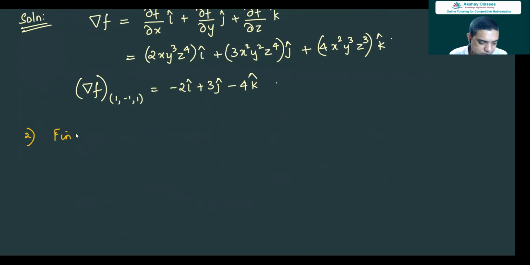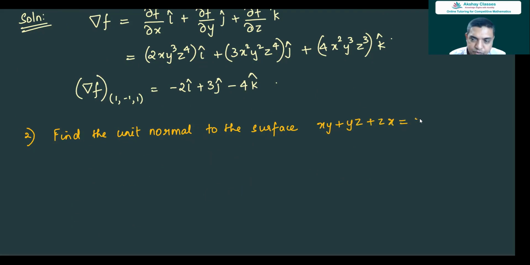Find the unit normal to the surface xy plus yz plus zx equal to 3 at the point 1, 1, 1. Find the unit normal to the surface, this one.